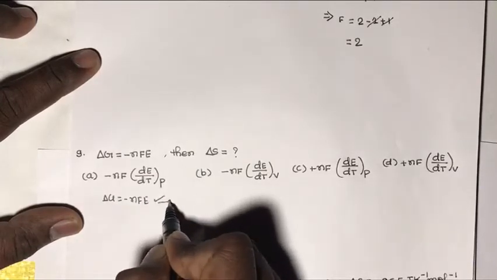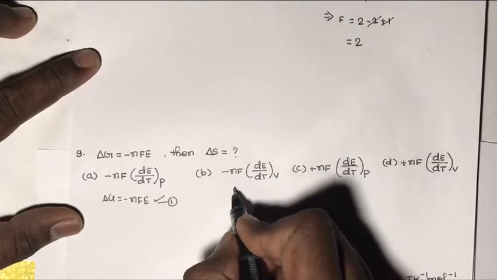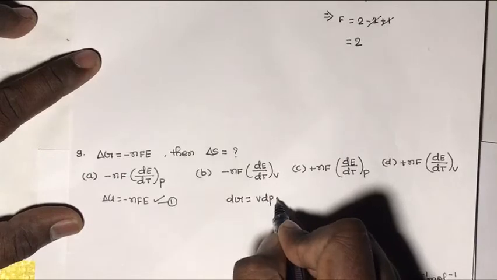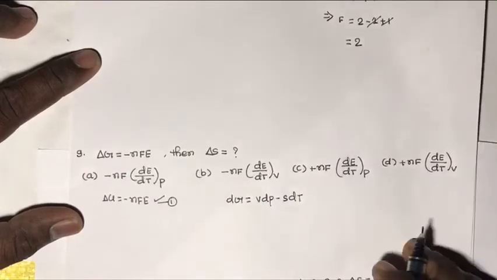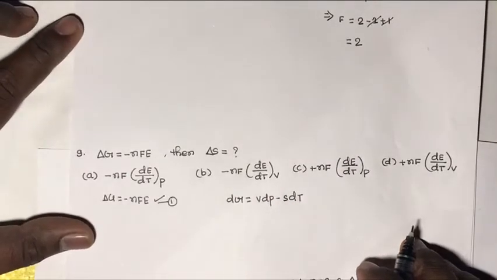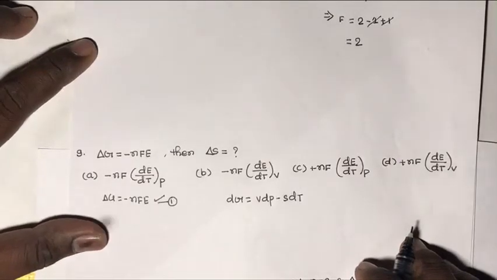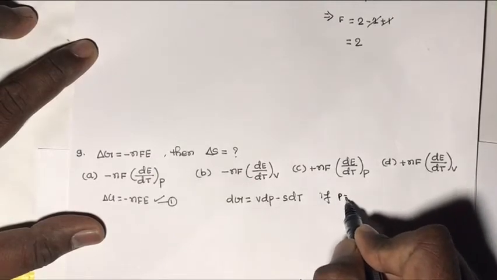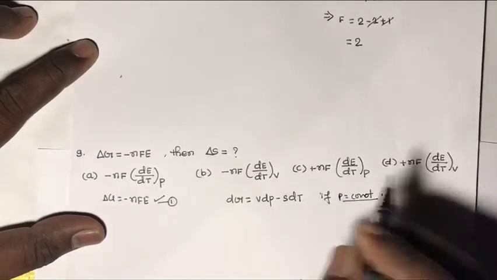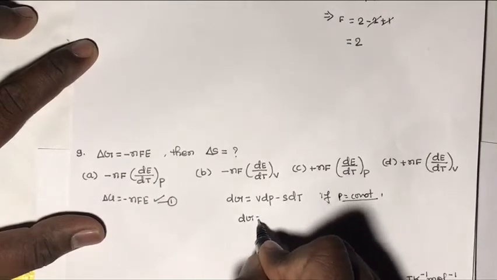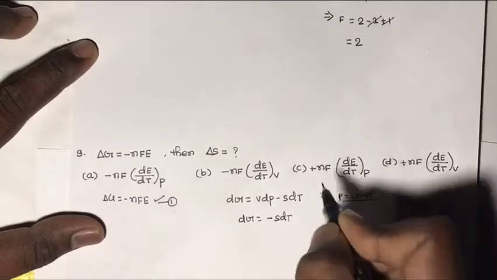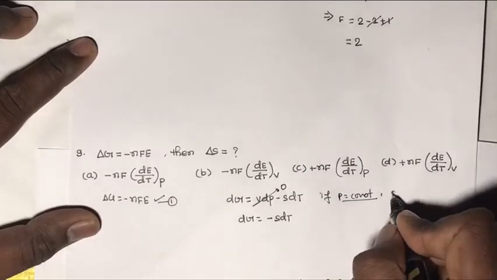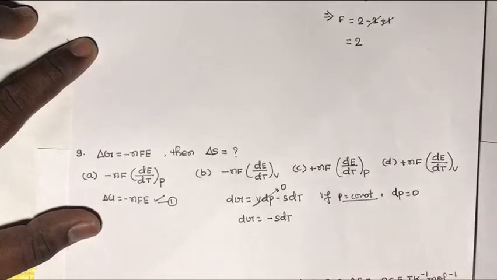Okay, this is the first expression, and we also know this very popular equation, that is dG equal to VdP minus SdT. Now if the pressure is constant, then dG will be equal to minus SdT, because in this case the VdP term will be equal to 0, because if pressure is constant dP will be equal to 0.